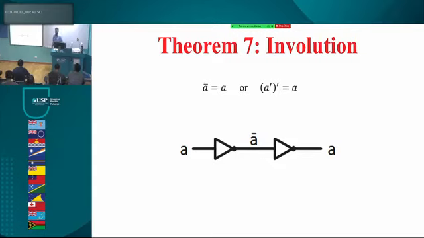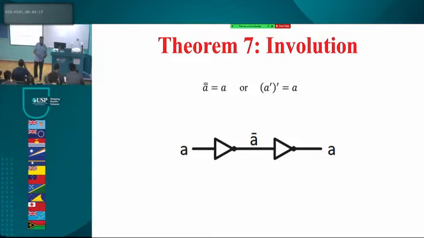All right, involution. Involution is when you have a double bar. If you have A, you put it through an inverter, what does that become? That becomes A bar. And you put it through another inverter, that becomes A double bar.